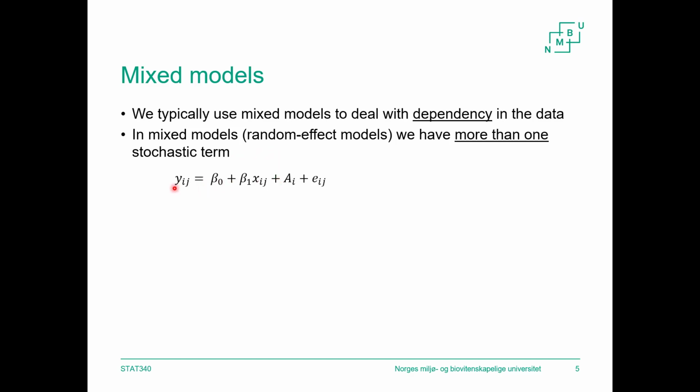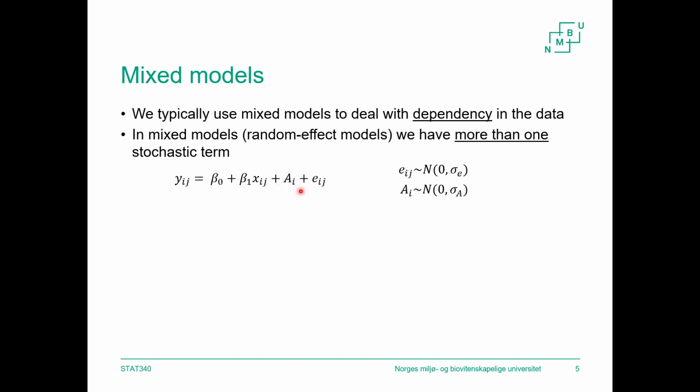Here we have an example of a mixed model. It's a regression type of model. Here you can see we have the E as before, which is assumed to be normally distributed with zero expectation and some standard deviation.